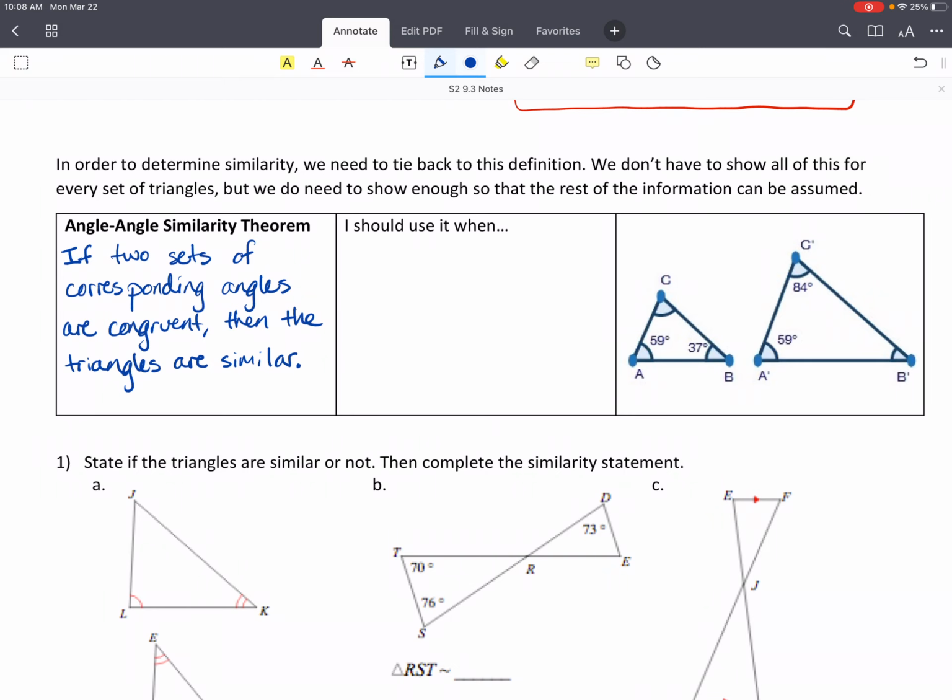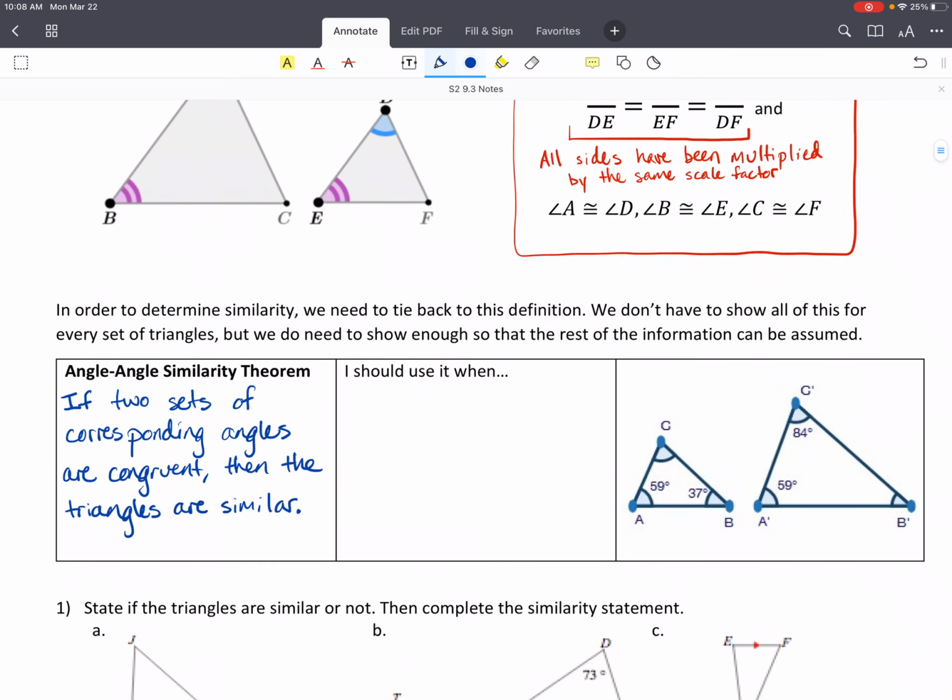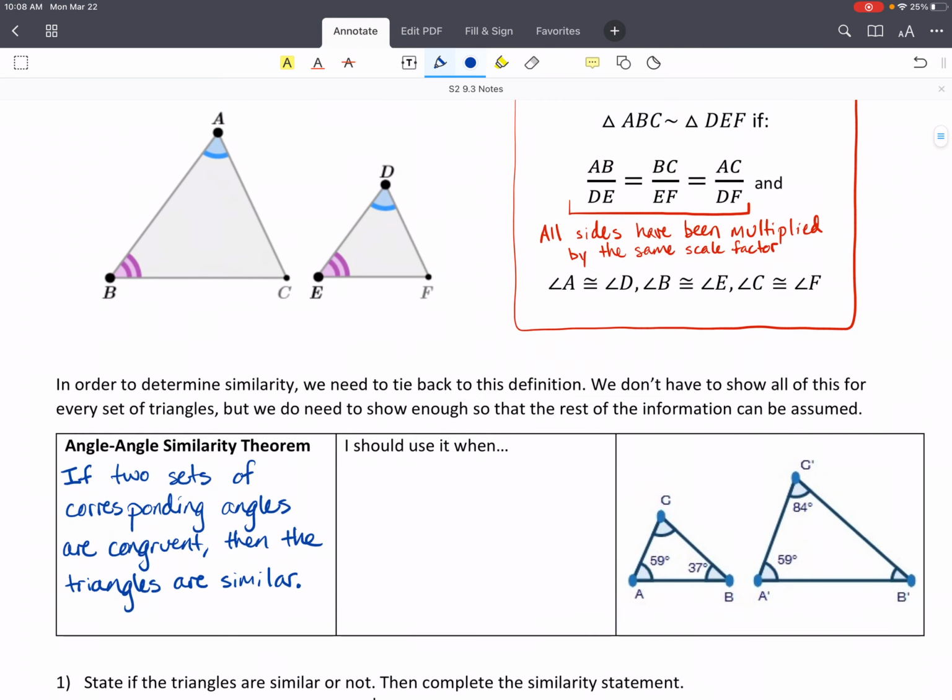So notice, our definition says we need to have 3 angles that are congruent, but even just looking at this picture of A, B, C, D, E, F, A and D are labeled, B and E are labeled, but C and F are not labeled. Well, if all triangles have to add to 180, and we know 2 of the angles are congruent, then it follows that the third angle has to be congruent. And so because of that, we only need to show that 2 sets of corresponding angles are congruent.